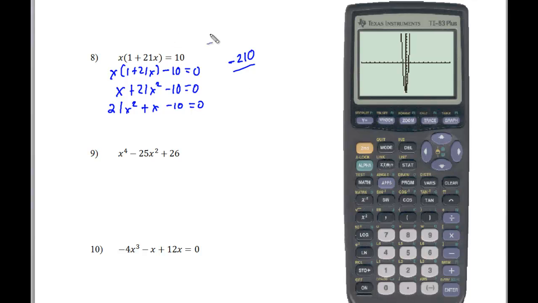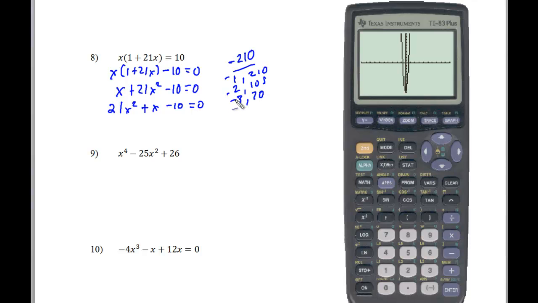Now, since we're trying to find that middle number of 1, let's start off with the simple solution 1 and 210. And so that's definitely not going to work here. 210 divided by 2 is 2 and 105, and that's still not going to work. 210 divided by 3 is going to be 3 and 70. Well, that's not going to work either, because we're still a long way from getting 1 in the middle here.